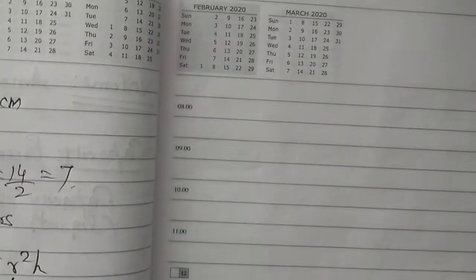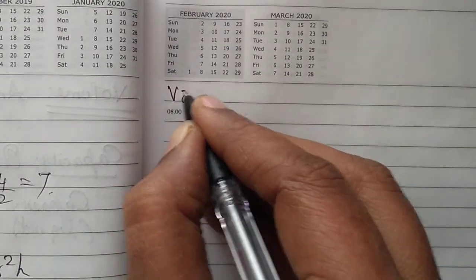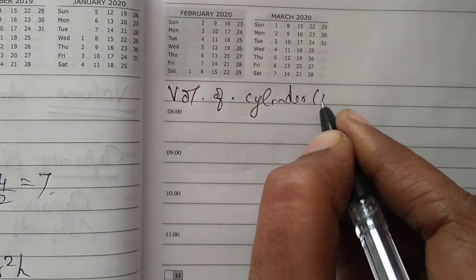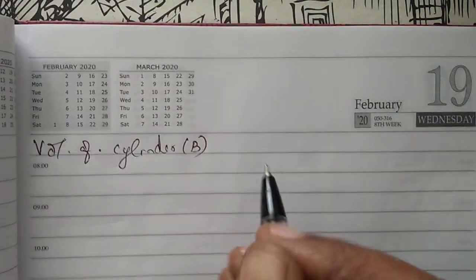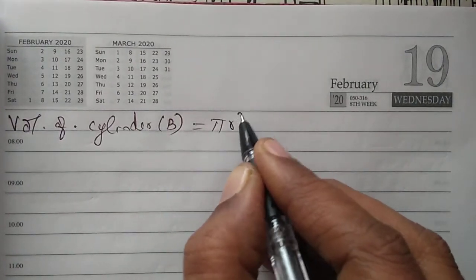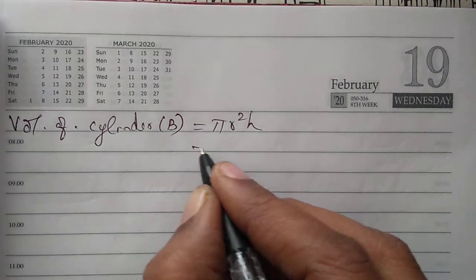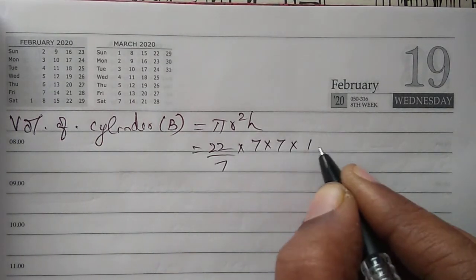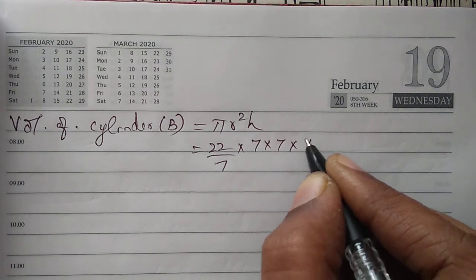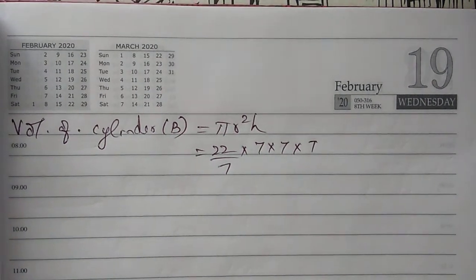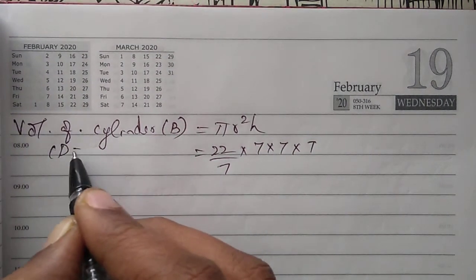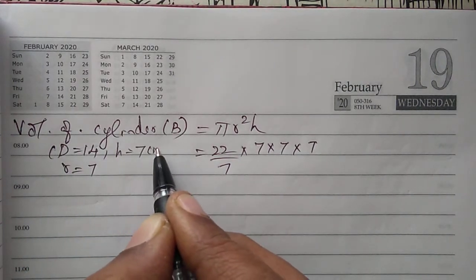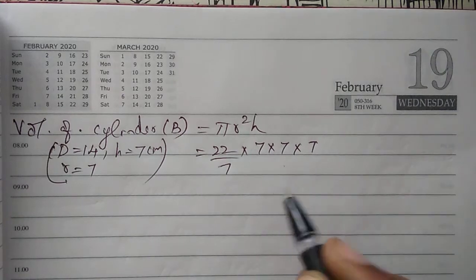Now next we find the volume of cylinder B. Volume of cylinder B also has the same formula, pi r squared h. But here radius is 7 centimeter, height is also 7 centimeter, because for cylinder B, diameter is 14. So radius will become 7, height is 7. This is given. So we substitute.